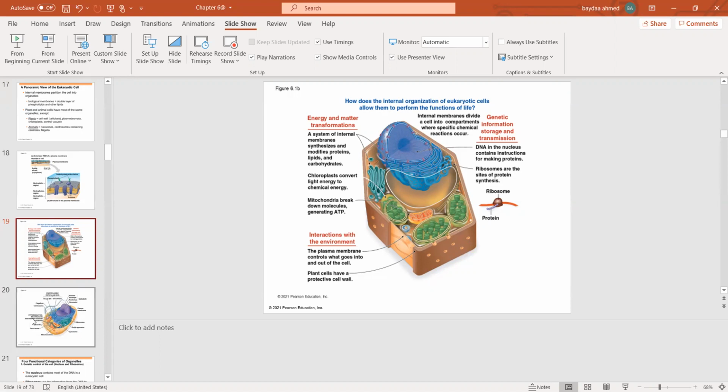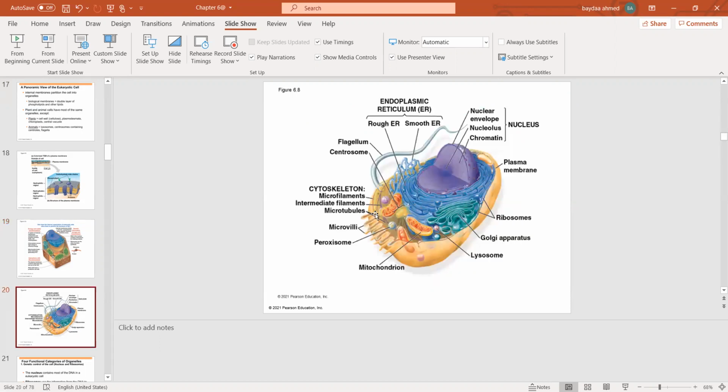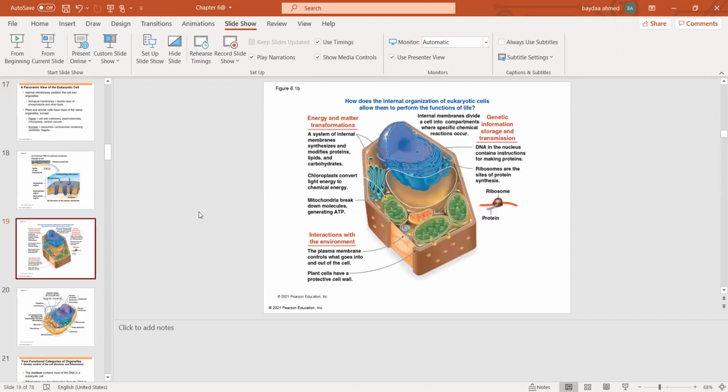Plant cells also have a central vacuole. This is a prominent organelle in older plant cells. The functions include storage, breakdown of waste products, and hydrolysis of macromolecules. Enlargement of the vacuole is a major mechanism of plant growth.